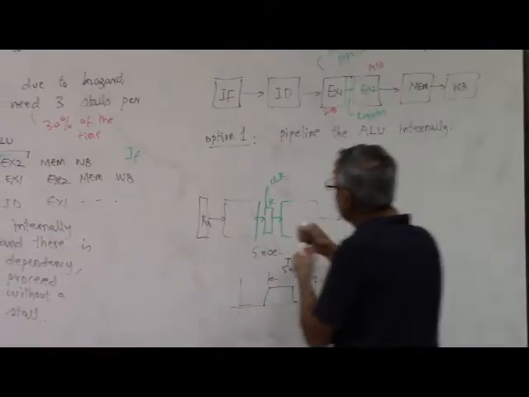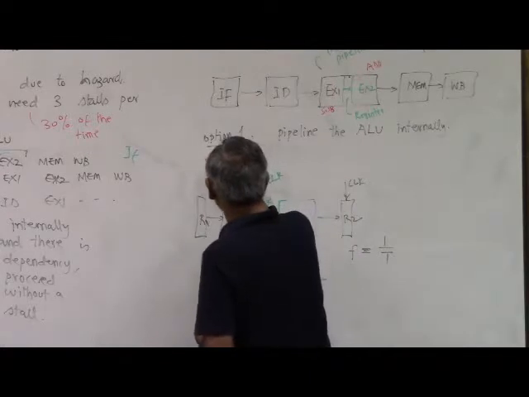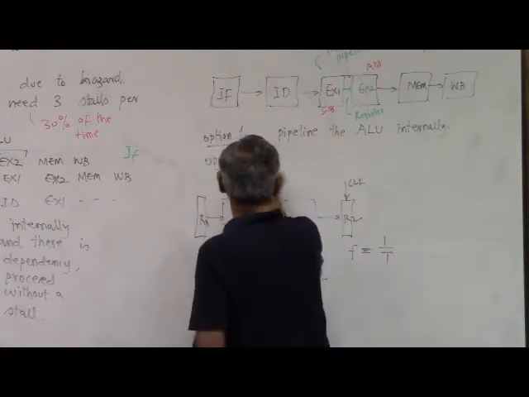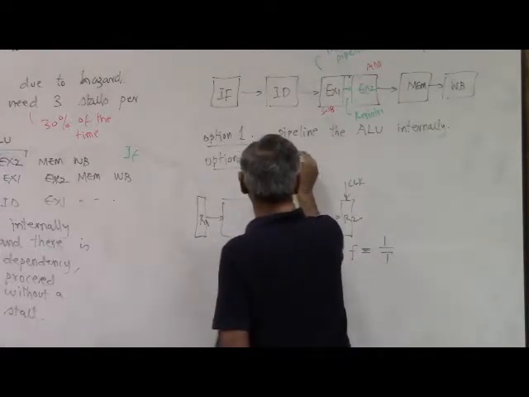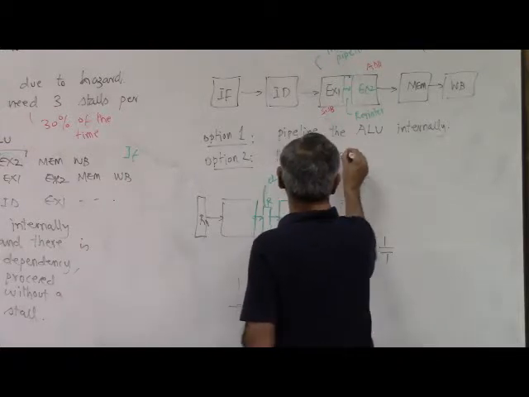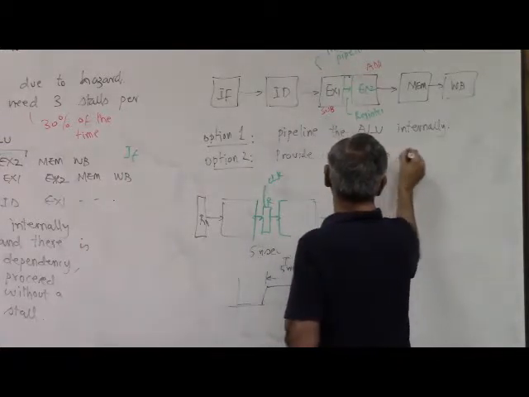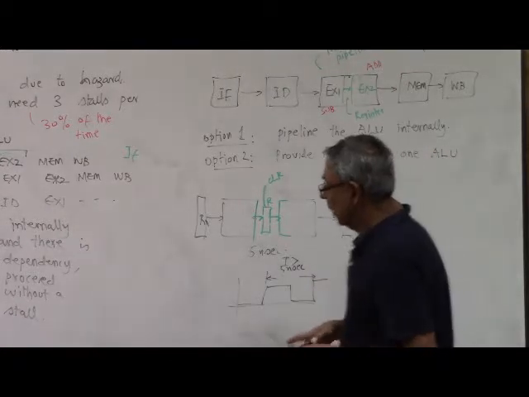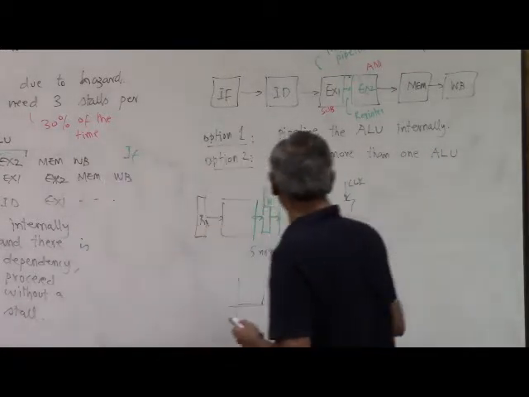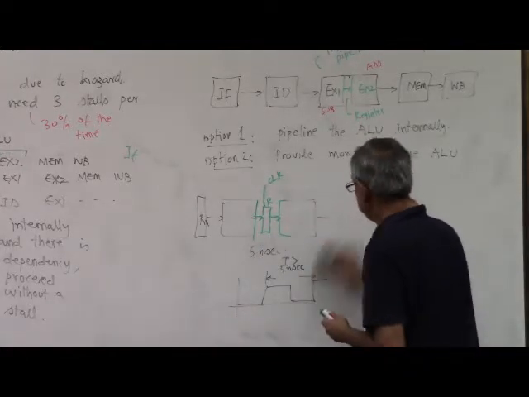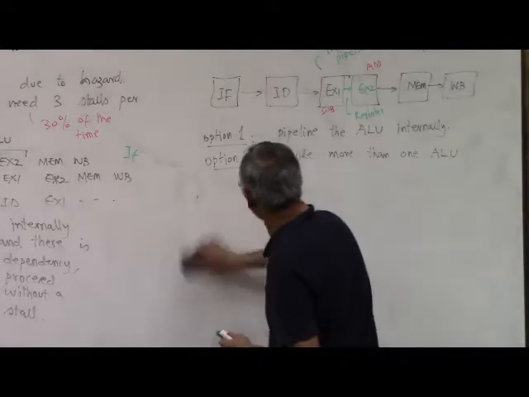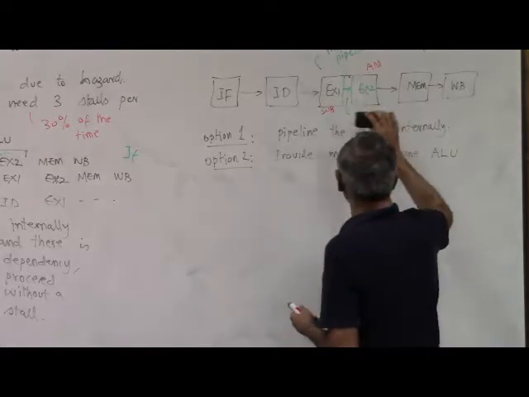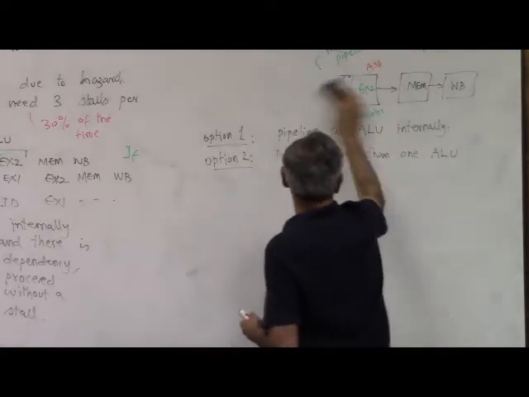If that does not work, then option 2 will be to provide more than one ALU. Let's take a look at the second option now. In the second option, this is what we'll do.